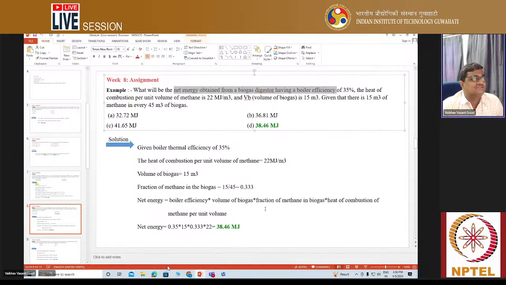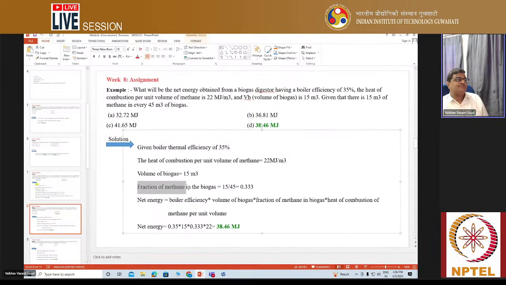The volume of the biogas is given as 15 meter cube, and there is 15 meter cube of methane in every 45 meter cube of biogas.